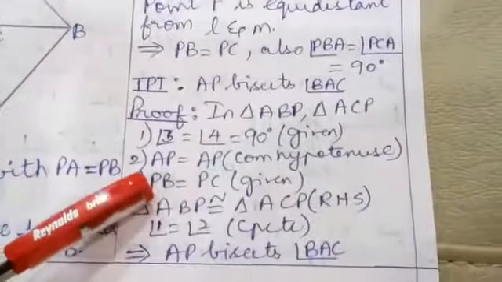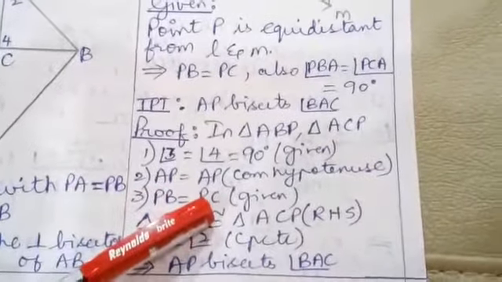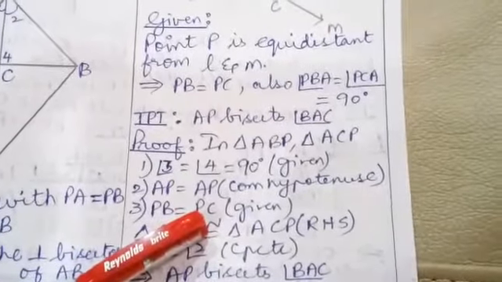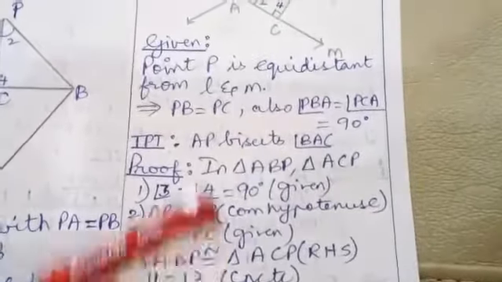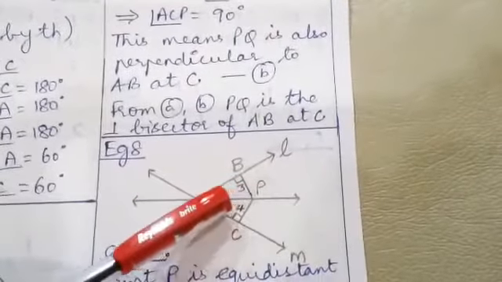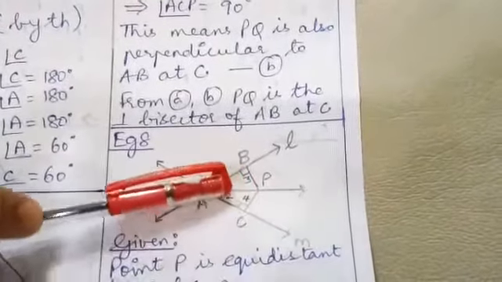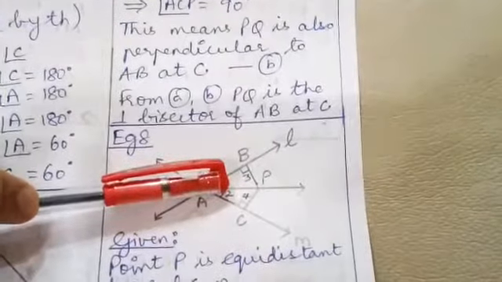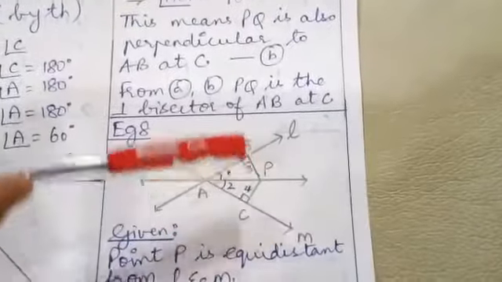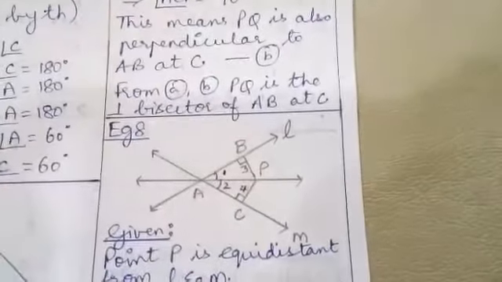And we also have PB of the first triangle equal to PC of the second triangle, that's given to us. So what rule does this make? We have mentioned the right angle, angle 3, which is 90 degrees. We've mentioned the hypotenuse AP and some side PB.